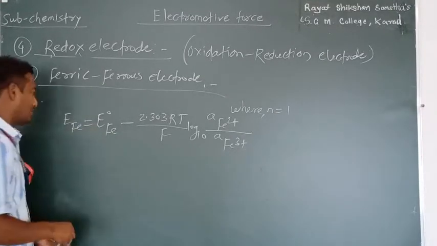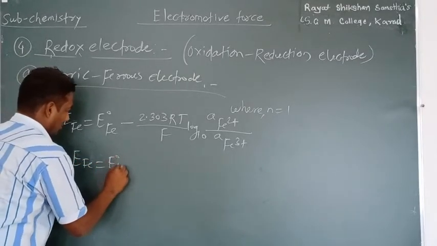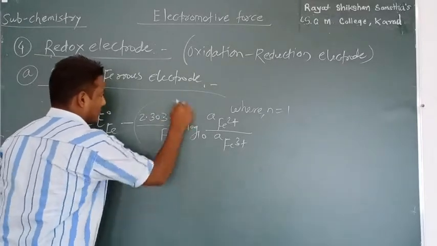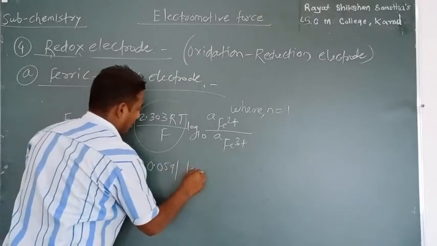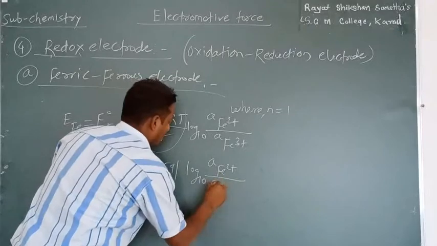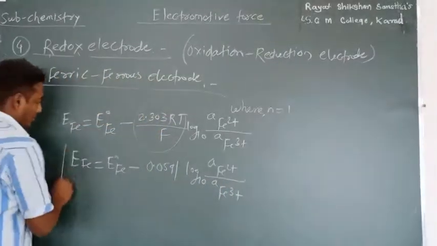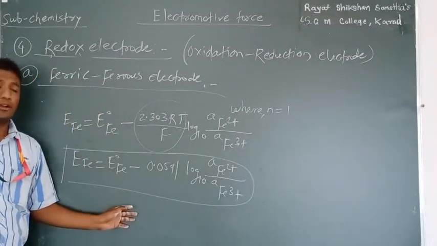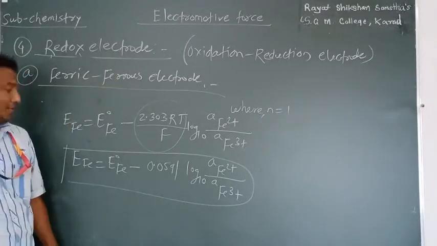We can also further solve that, putting down the values of this, that is nothing but 0.0591. Both these equations are used for determining the potential of the ferric ferrous electrode.